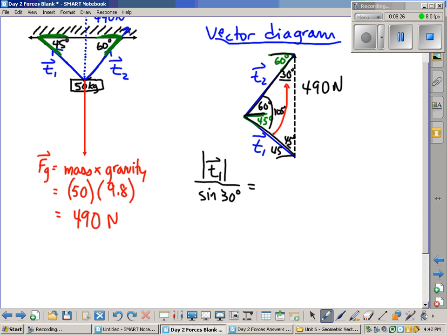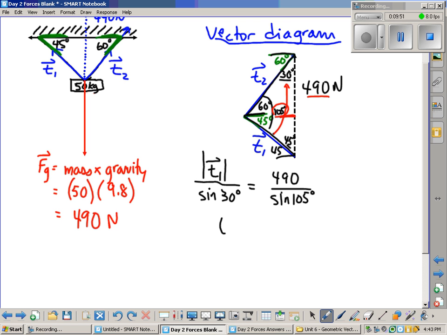And it equals, and now I need two sides that I know to compare it to. And that's where I know these two pairs. I know the 490 and the 105 degree angle. So it's equal to 490 on the top this time, and the sine of 105 is there. Now I'm going to solve for T1.